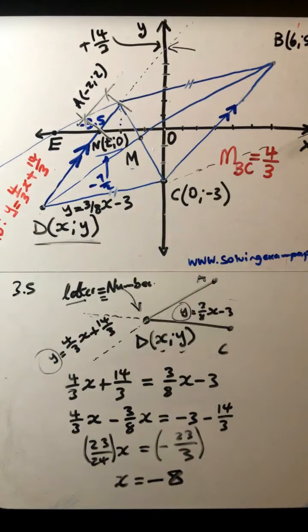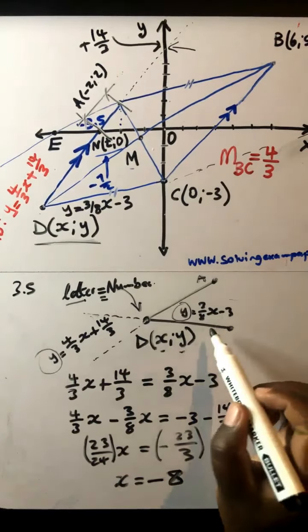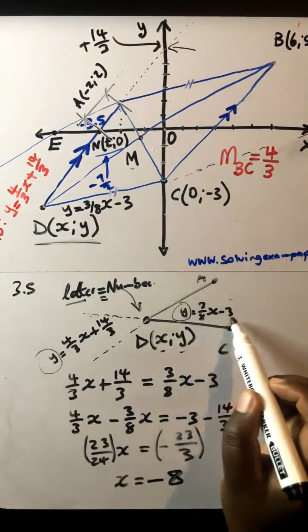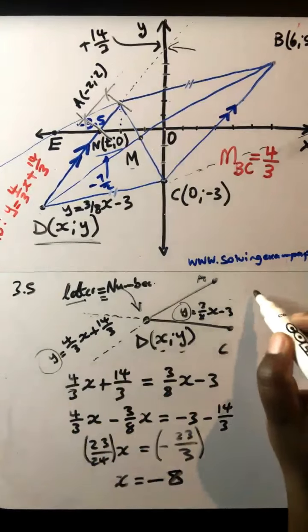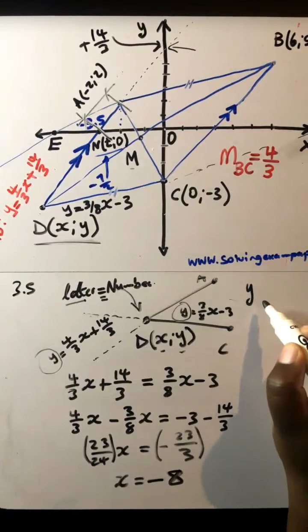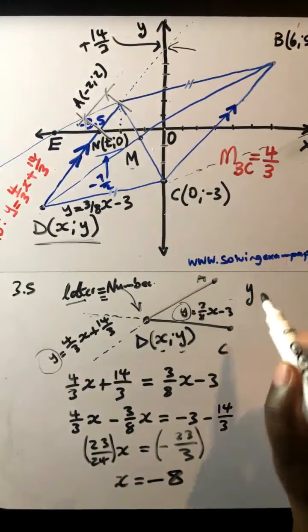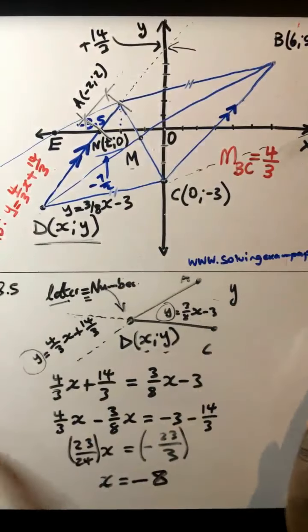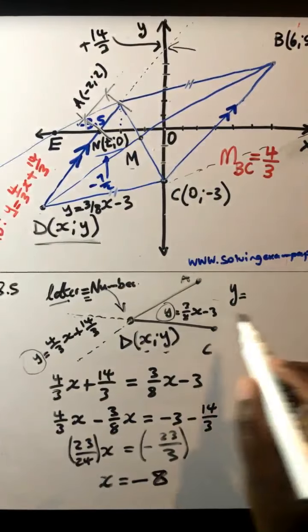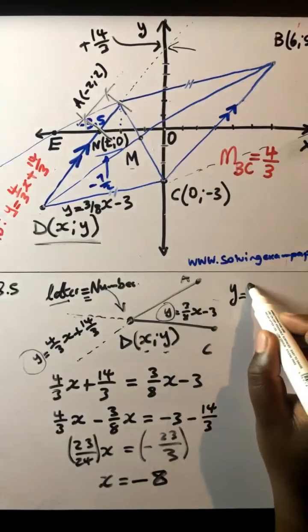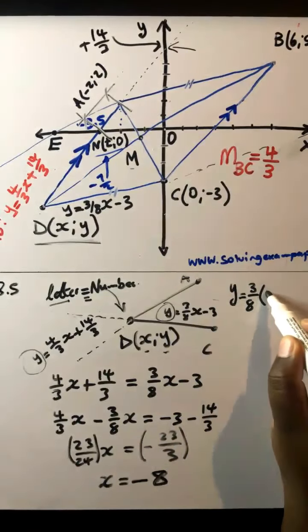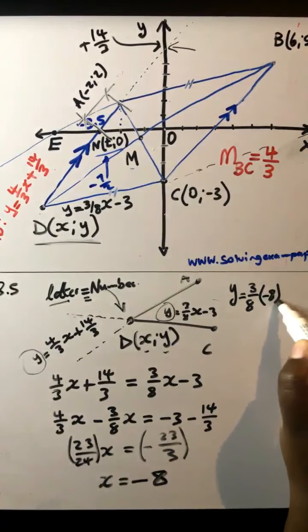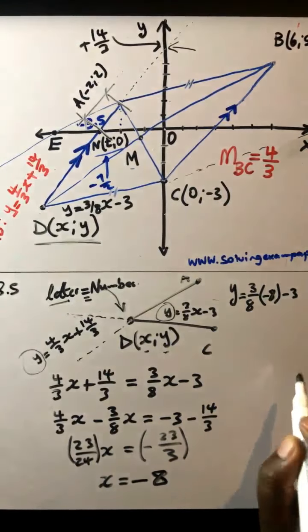Okay, nice. So now that we got the x value, we can use either this equation or that equation to calculate the value of y. So y equals, let's just substitute it there: 3 over 8 times negative 8, minus 3.